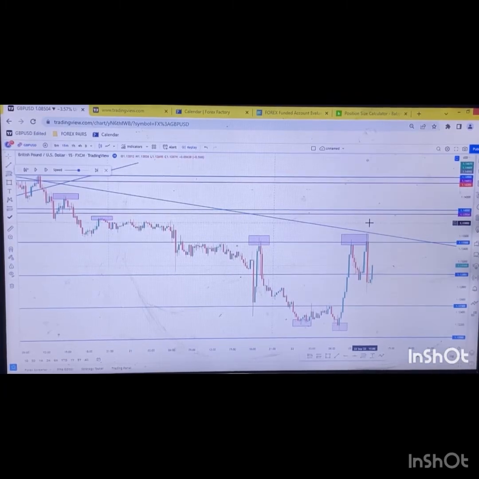So my stop was around this point, 20 pip stop. So immediately after the news, I closed partial profit. I was already on $2,000 plus. So I closed partial profit, hoping there's high tendency in the market to get retraced and go back down.